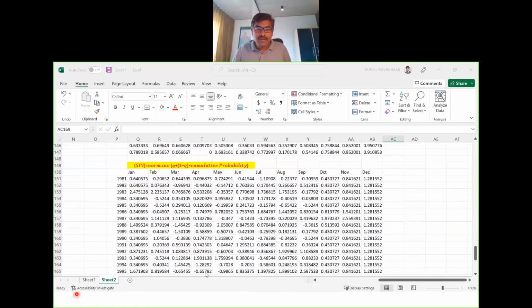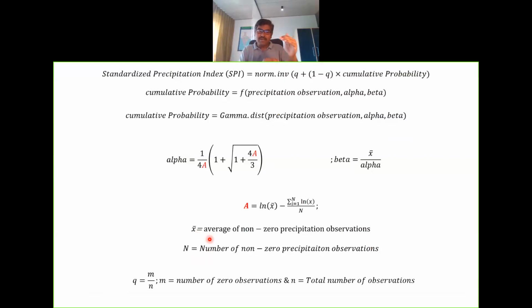Yeah. So let me recap once again. From the monthly vector, identify non-zero observations for the respective month: January separately, February separately, March, and so on up to December. And then calculate the average of non-zero observations, the natural logarithm of each observation, and then do summation.